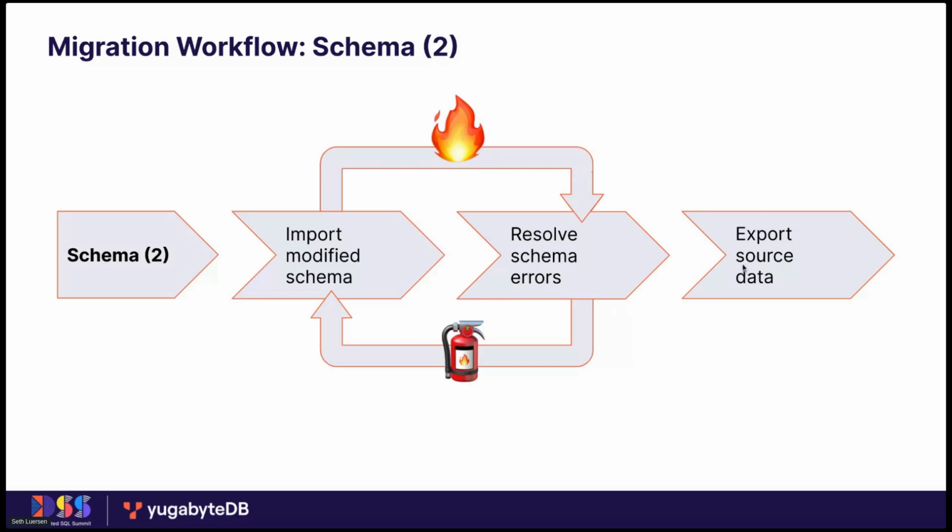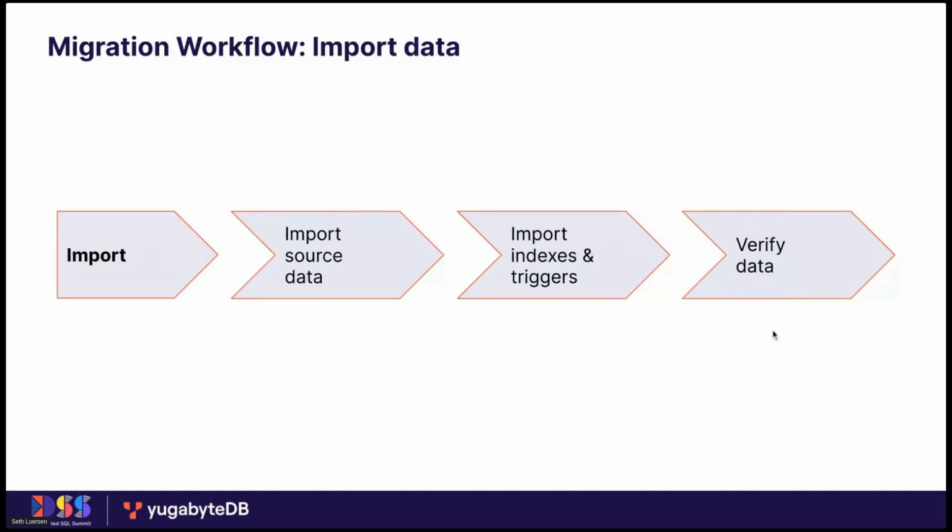And then after doing that, we'll export the source data from the MySQL database. So that's our general process. Make sure our schema can be imported into our target database. And when it's ready, we'll export our source data. Then we'll import that source data into, in this case, YugabyteDB, our highly available PostgreSQL database.